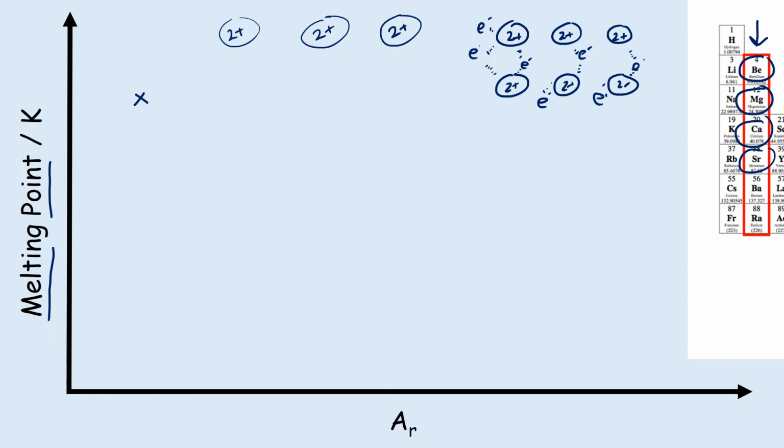So the metallic bonding in calcium, for example, will be weaker than the metallic bonding in beryllium. As we go down the group, we expect to see a decrease in melting point, and we do. Beryllium will have the highest melting point and radium will have the lowest melting point. The general trend is a steady decrease.